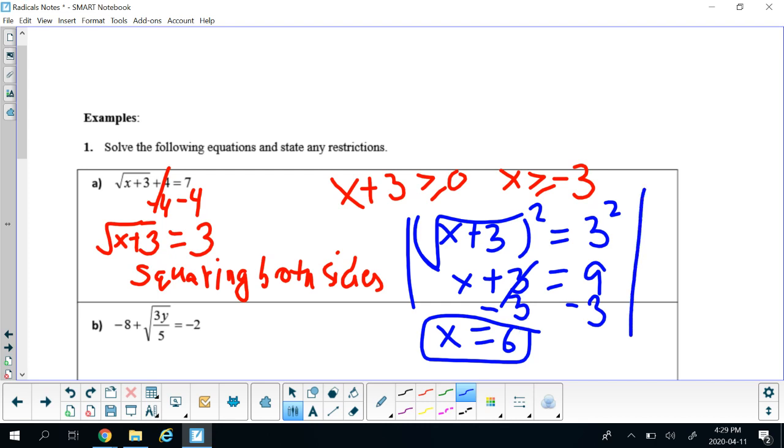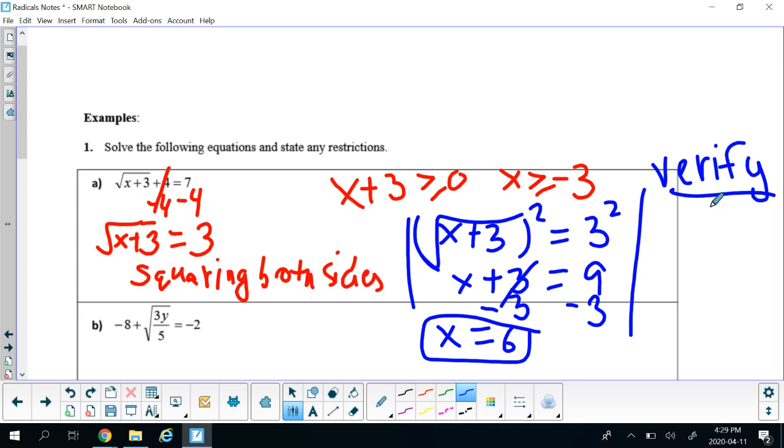Now, x equal to 6 is not extraneous because the restriction says that x should be greater than or equal to negative 3, and 6 is greater than negative 3, right? So our x equal to 6 is not extraneous here. So now we have to verify our solution.